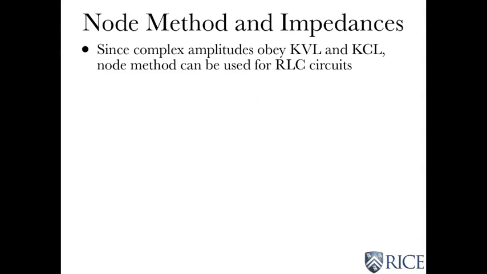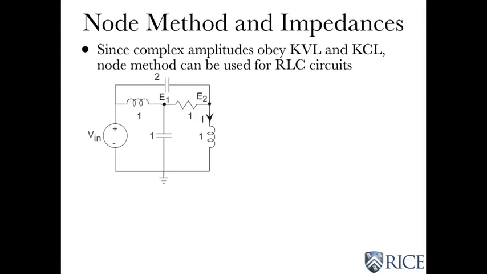Okay, so it turns out you can use the node method for circuits involving impedances, and that's because complex amplitudes obey KVL and KCL. And so you can use the node method for an RLC circuit.